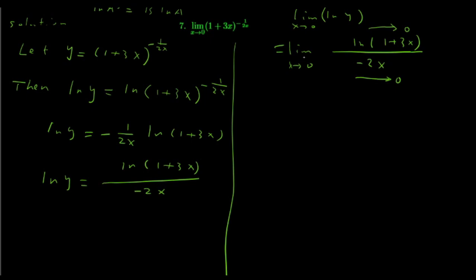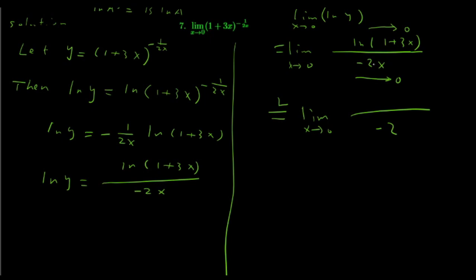After that, we apply the formula. We apply L'Hopital's rule. We take the derivative of the numerator and the derivative of the denominator. The derivative of the denominator, I believe, is negative 2. Now the derivative of the numerator. Please, I want you to try the derivative of the numerator for a little while.